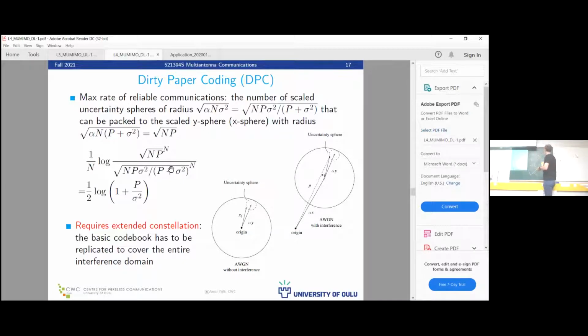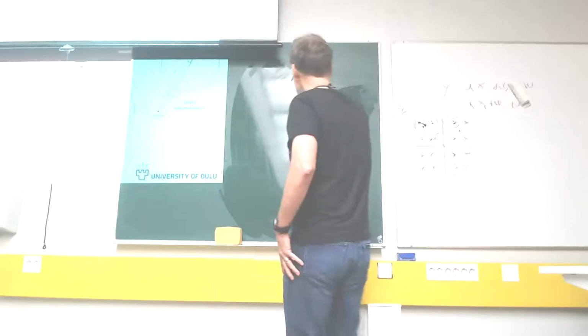Yeah, that is not visible. Last time it was okay. Maybe it's because of daylight, right? Okay, so we have this sphere packing argument.